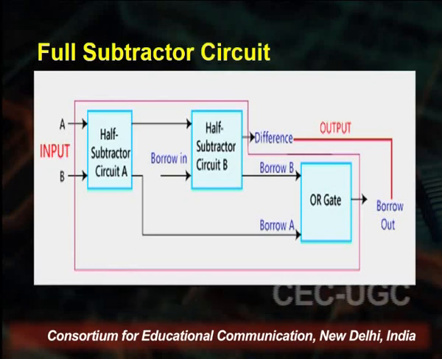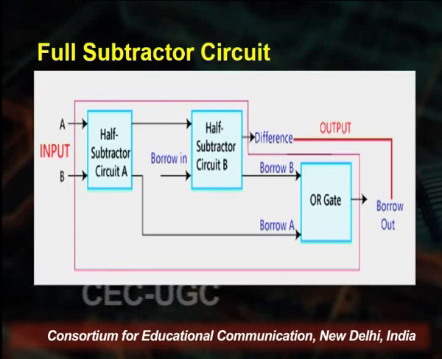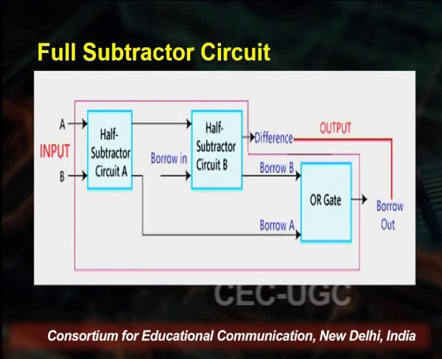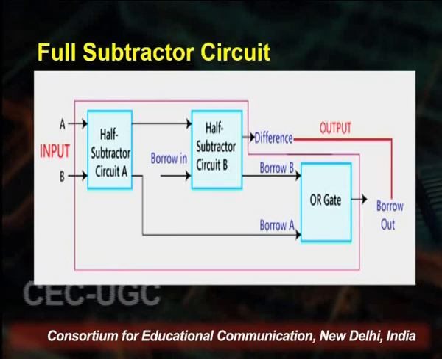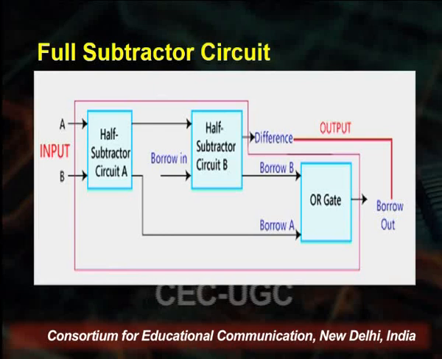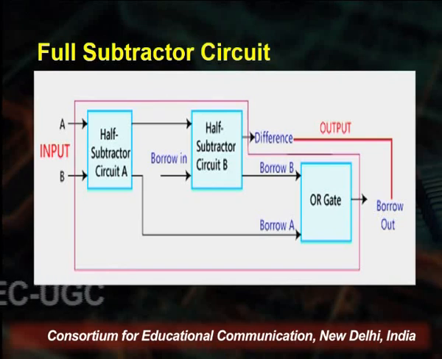So if you look at it, the difference is coming out immediately after the input has gone through half subtractor circuit A and half subtractor circuit B, whereas the final borrow out is coming after yet going through another OR gate. Now this is how a full subtractor can be expressed in terms of two half subtractors put together.